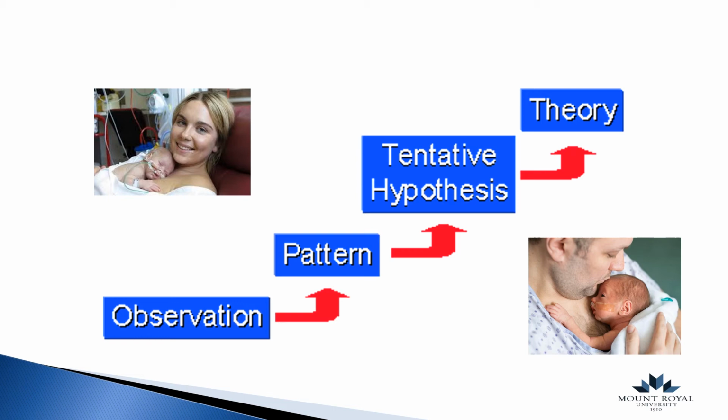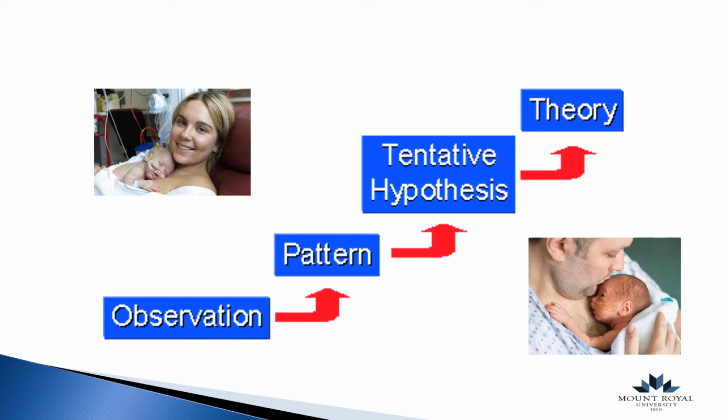It was by simply observing mothers providing kangaroo care that we started to see a pattern. These mothers seem to be more confident. They seem to interact better with their baby. They seem less stressed. And so we might go on to develop a tentative hypothesis that providing kangaroo mother care contributes to your maternal role attainment, or reduces your stress, or improves your confidence.